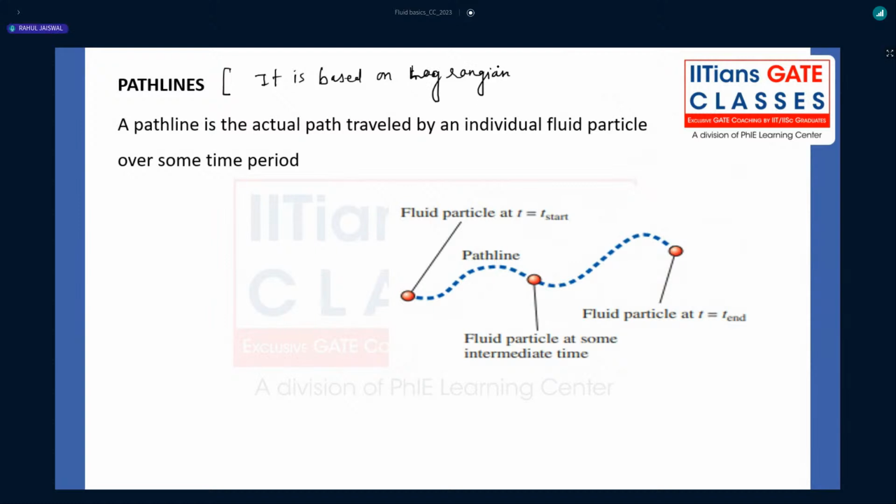Only this one time are you studying the Lagrangian description. Except for this, in the whole of fluid mechanics, we'll be basing our discussion on Eulerian descriptions only. Path line is based on the Lagrangian approach. First of all, it is a real line. It is not an imaginary line, right?